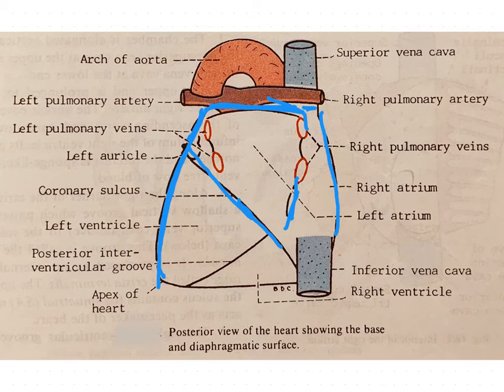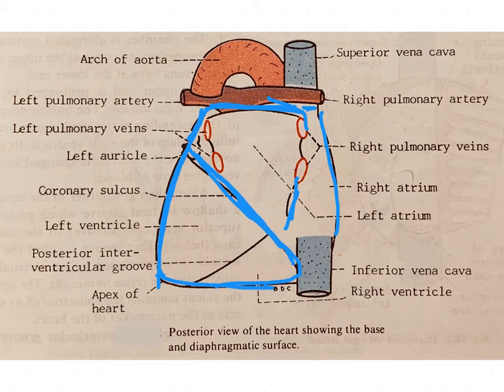Okay, now as we know that we have already finished the sternocostal surface both in schematic as well as the oblique structure. So now coming to this inferior surface or diaphragmatic surface. So this forms the inferior surface and the diaphragmatic surface.